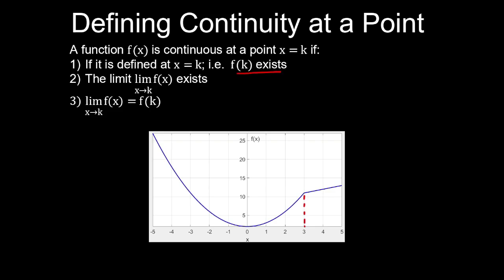And the limit of f of x as x approaches k must also exist. So as x approaches 3 from both sides, then we can see that the function is approaching the same value. And the third condition is that the limit as x approaches k must be equal to f of k. And we can see that this is also satisfied in this example.